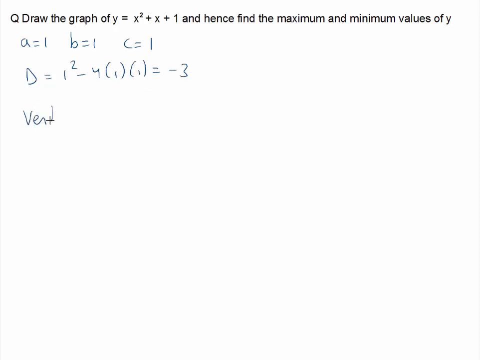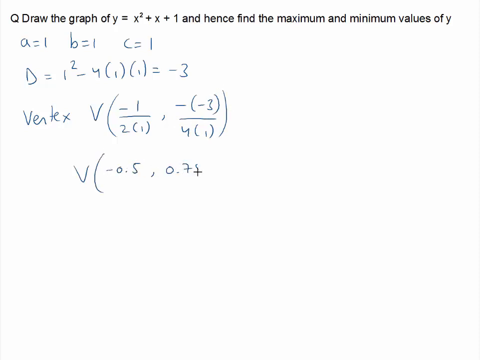Now vertex v is minus b divided by 2a, comma, minus d divided by 4a. So the vertex is minus 0.5, comma, 0.75. Since d is negative, it will not have a real root, meaning the graph will not intersect the x-axis.